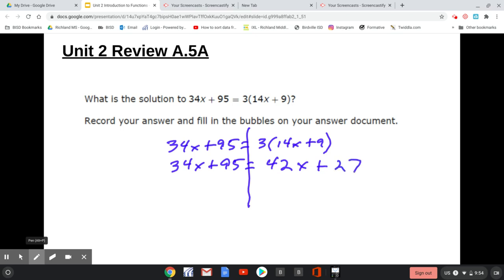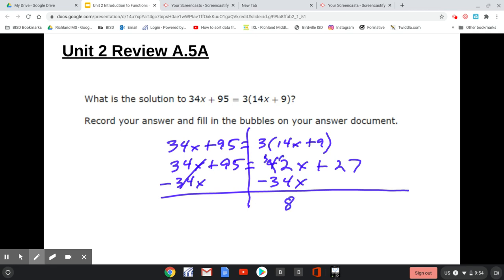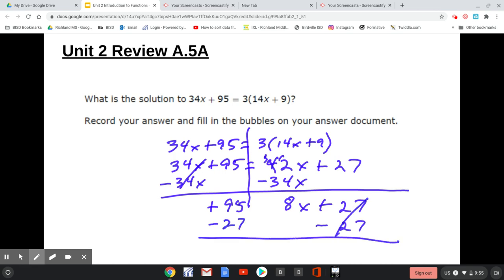So now I'm going to move this 34x over here, and I'm going to get 8x plus 27 plus 95. Now I'm going to move the 27 over here. That goes away.